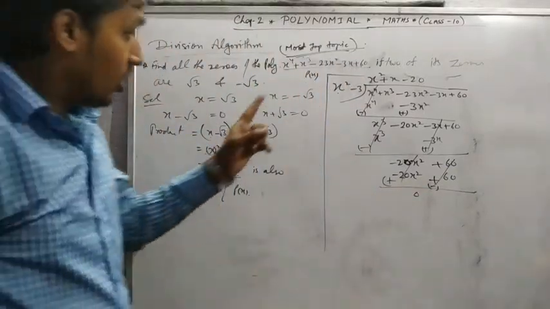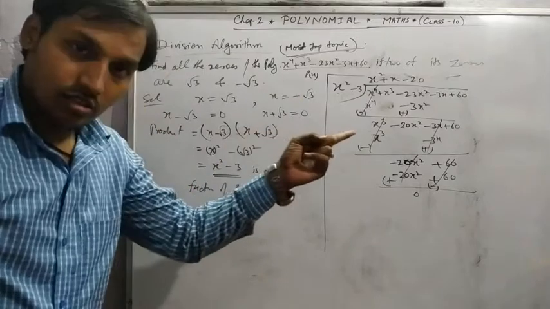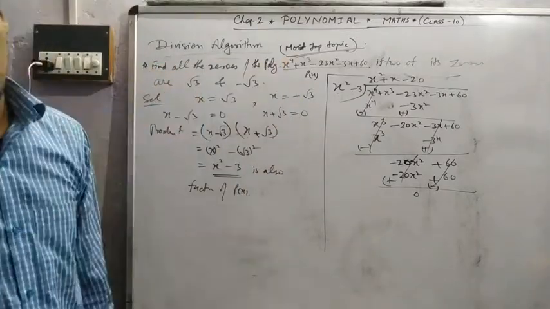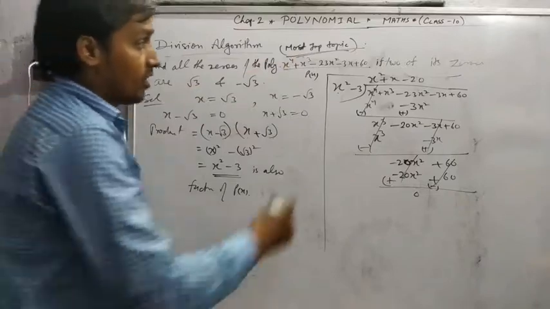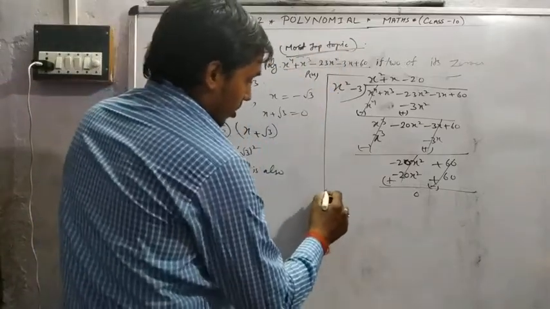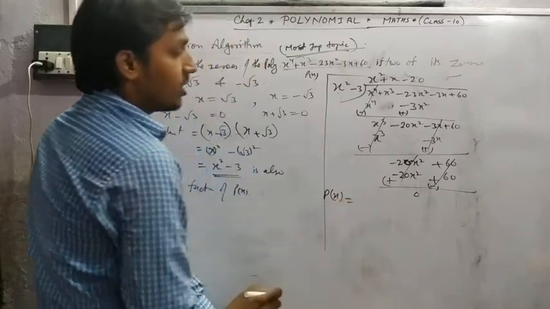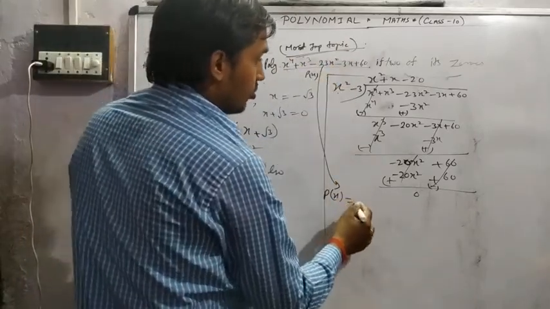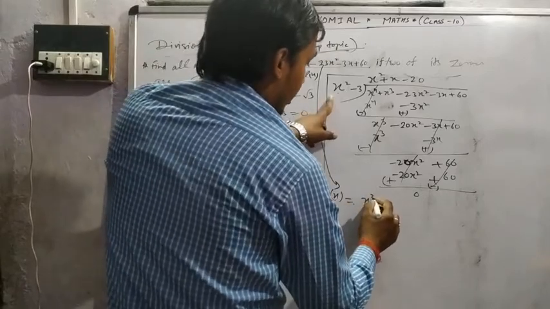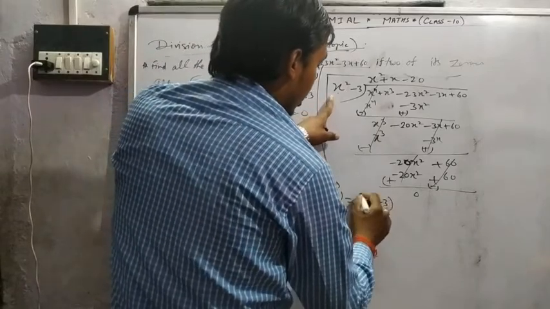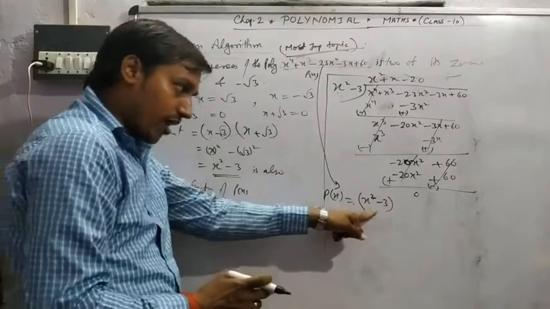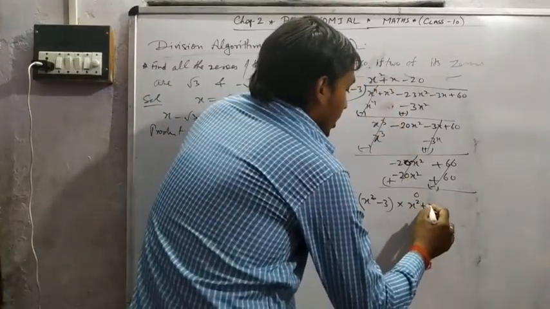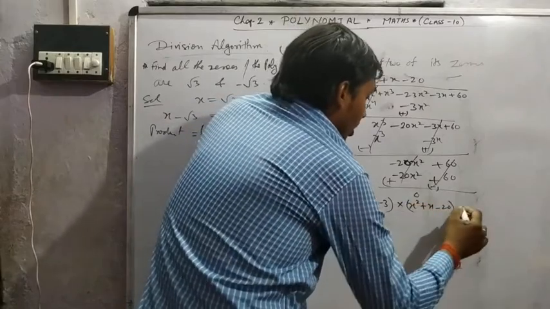So yes, it is a factor, because we want all the zeros. We want all the zeros of the polynomial, so factorize p of x. Dividend equals divisor into quotient: x square minus 3 into x square plus x minus 20, plus remainder 0.